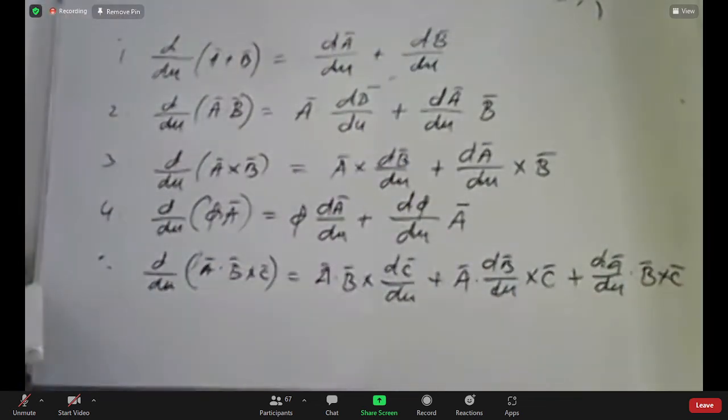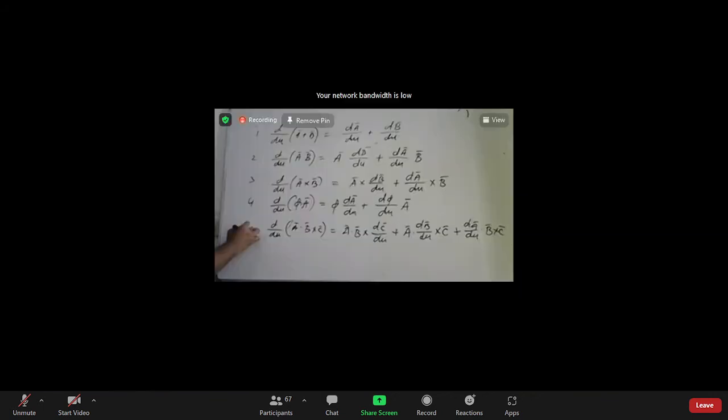Okay, and this is 5, and number 6 is another, that is d/du of A cross B cross C. Are you getting and writing? Yes, sir.